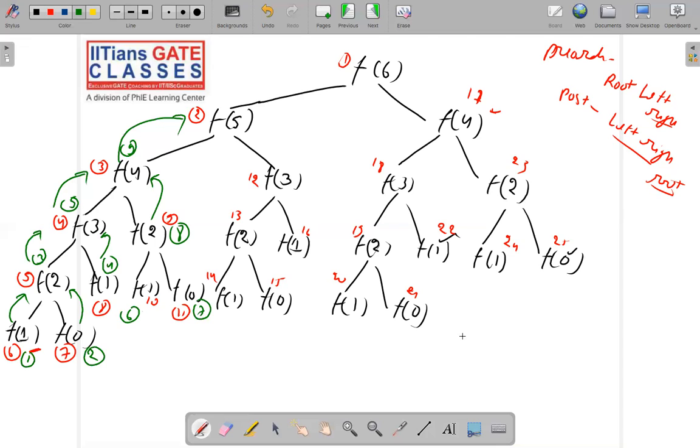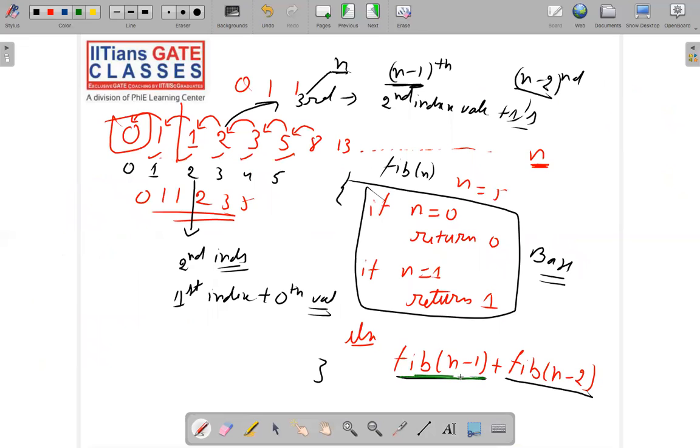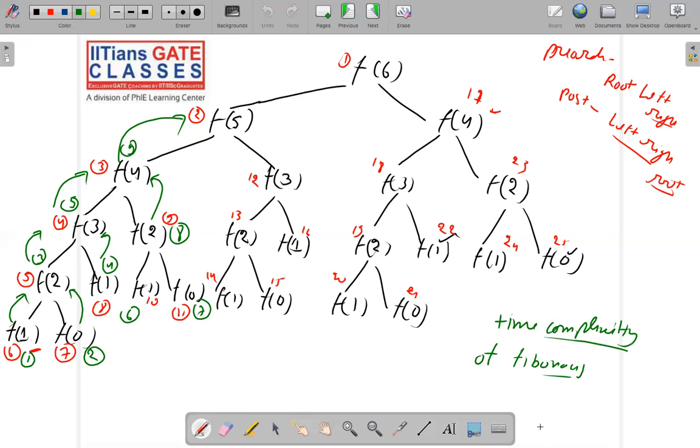Another one is, what is the time complexity of this Fibonacci? If we execute this recursive function of Fibonacci, with this base condition, and we are running it like this, what is the time complexity?